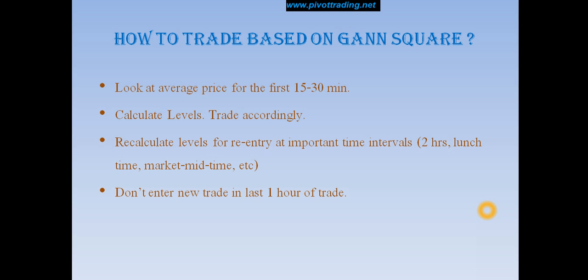Sometimes we calculate the levels every 2 hours. Sometimes we calculate during the morning hours and during the lunch break. Sometimes we calculate the levels only twice: once in the first half hour of market open, and again at market midtime, when the market is half done.